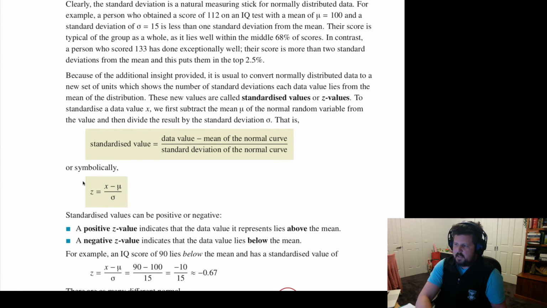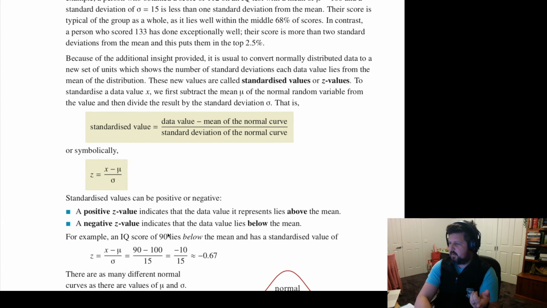When you get this standard score, it's either going to be a positive value or it's going to be a negative value. If you get a positive z-score or z value, that means that the data value is going to be above the mean. If you get a negative z score or negative z value, it means that data value is going to be below the mean.